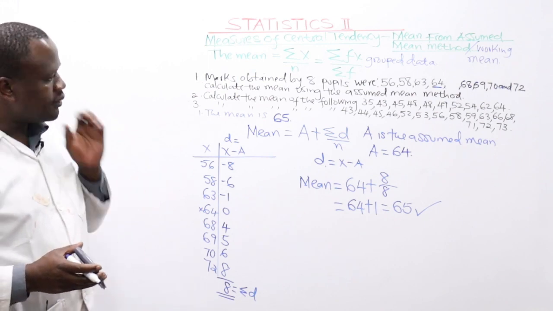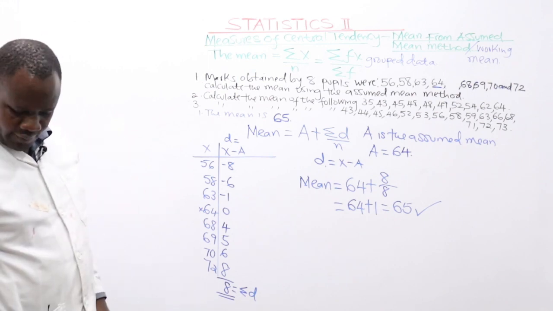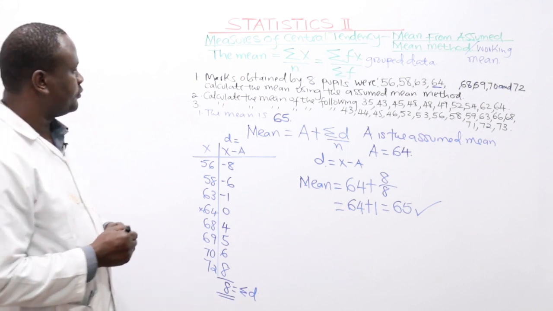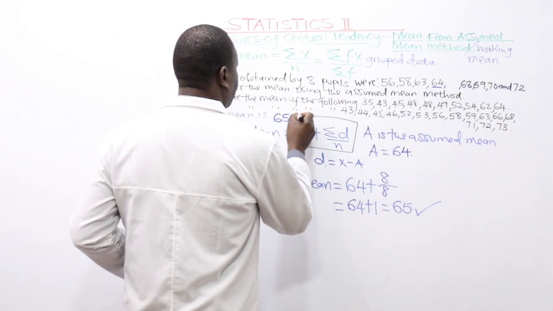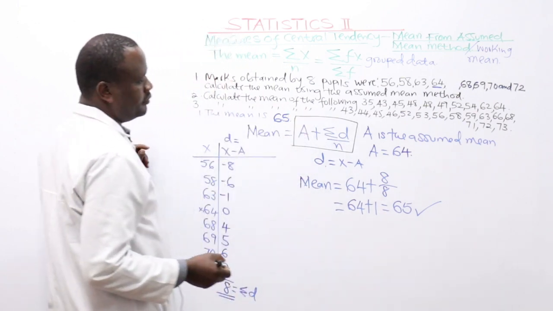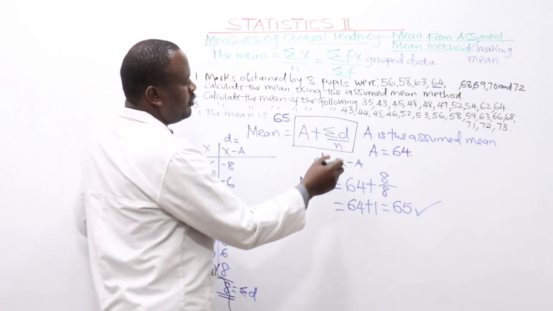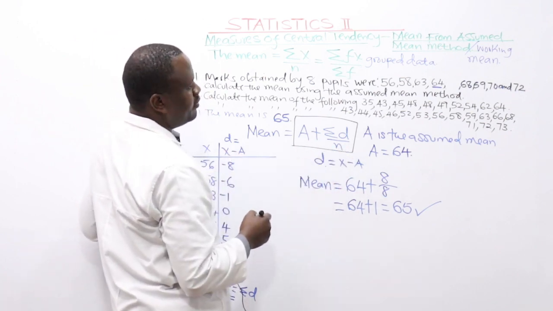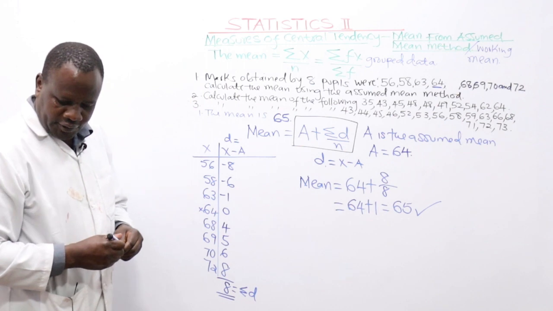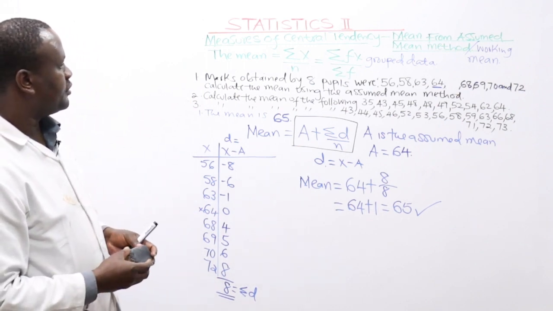So we have a new method for calculating the mean. The method is this: A plus summing x minus a over n. So let's try it with number 2.